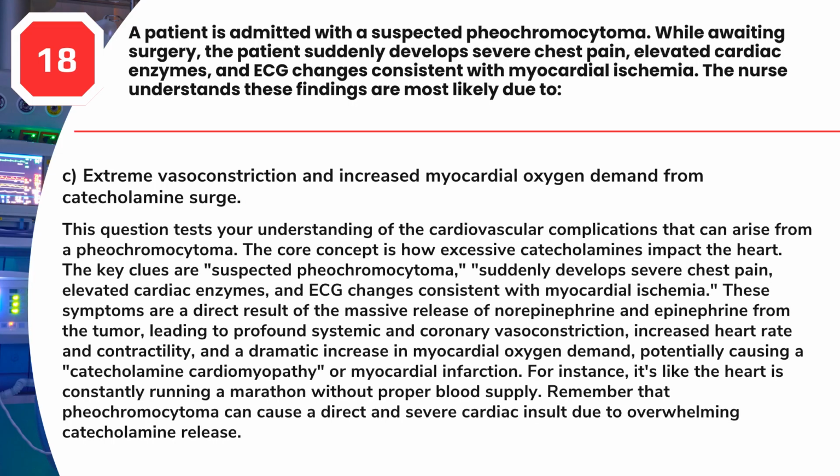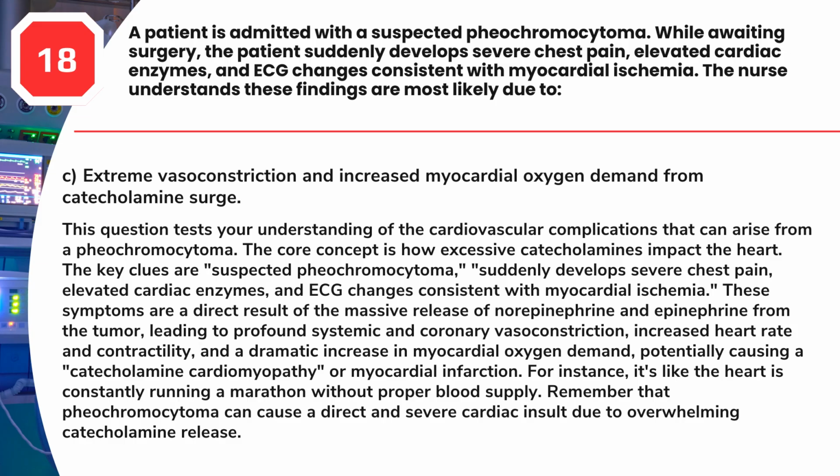Answer: C. Extreme vasoconstriction and increased myocardial oxygen demand from catecholamine surge. This question tests your understanding of the cardiovascular complications that can arise from a pheochromocytoma. The core concept is how excessive catecholamines impact the heart. The key clues are: suspected pheochromocytoma, suddenly develops severe chest pain, elevated cardiac enzymes, and ECG changes consistent with myocardial ischemia.